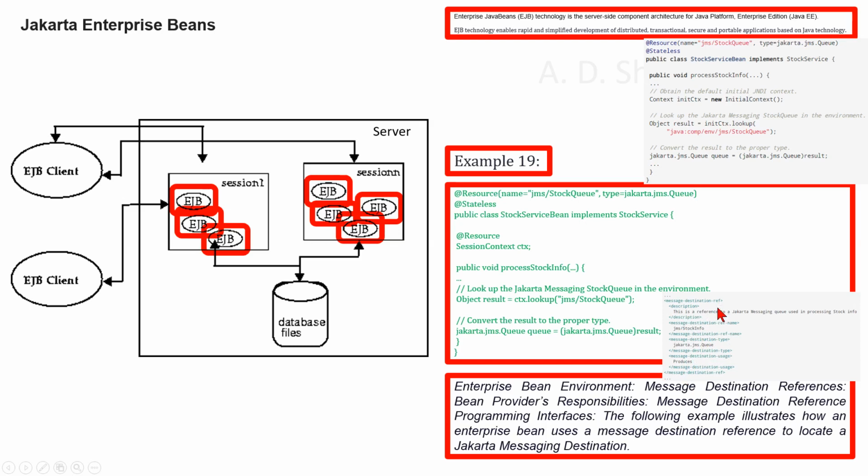Deployment descriptor entries may also be used to specify injection of a message destination reference into the bean. Each message-destination-ref element describes the requirement that the referencing enterprise bean has for the referenced destination.